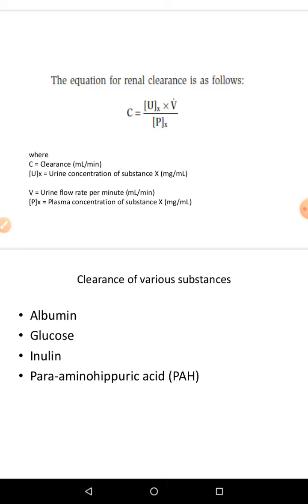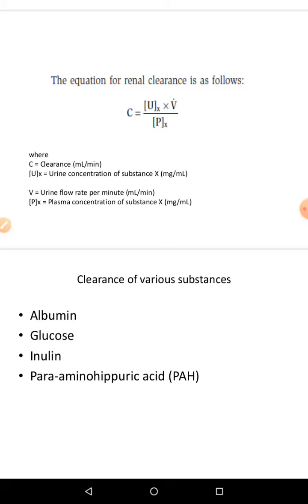That's why we are going to see that PAH can be used to measure certain parameters of the kidneys. Same applies with inulin.